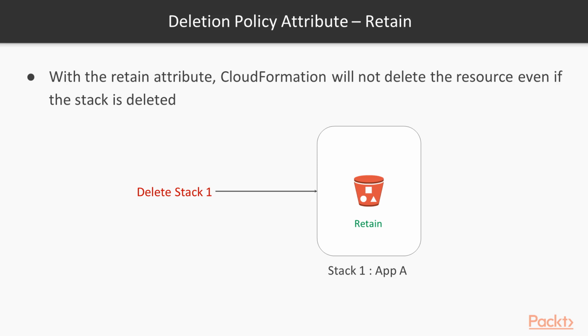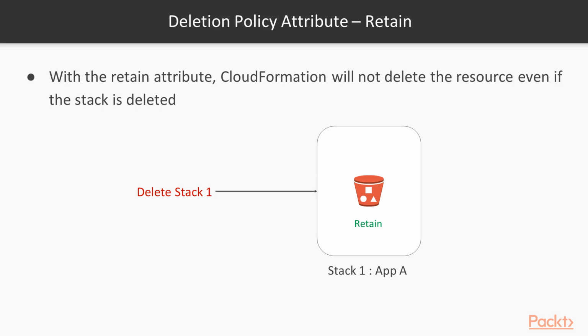Very important part to remember. So in this stack 1, you have this S3 bucket which is created. Whenever you delete stack 1, if the S3 bucket has a retain deletion policy, the S3 bucket will not get deleted.